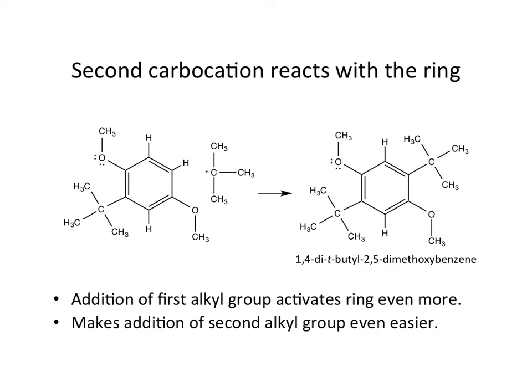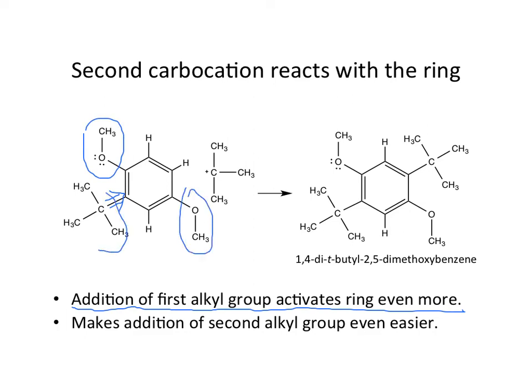As a matter of fact, alkyl groups also make the ring more active, because as we remember, alkyl groups, through the inductive effect, tend to donate electron density, so they tend to increase the electron density in general in the ring, and thereby make them more reactive. And so the combination of our methoxy groups and our tertiary butyl group all tend to make the ring more reactive.